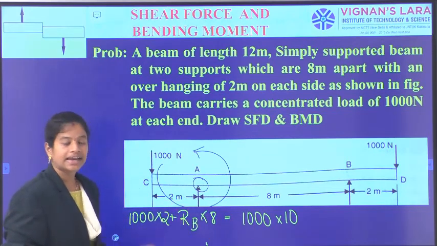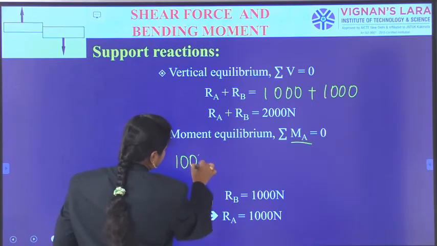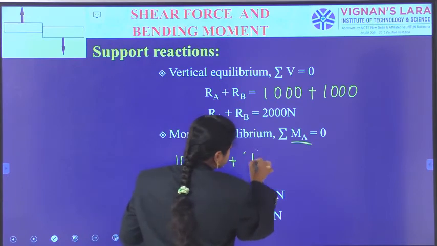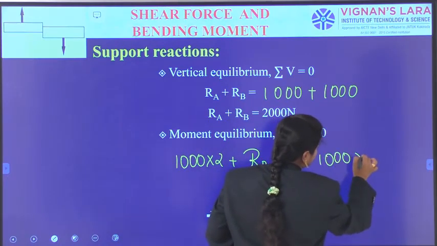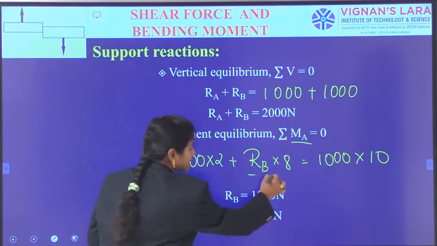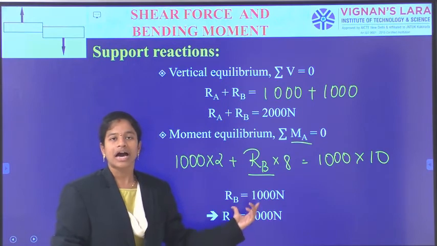In this way we calculate RB. So 1000 into 2 plus RB into 8 is equal to 1000 into 10. With this analysis, after simplifying, I have got RB as 1000 newtons and also RA as 1000 newtons.